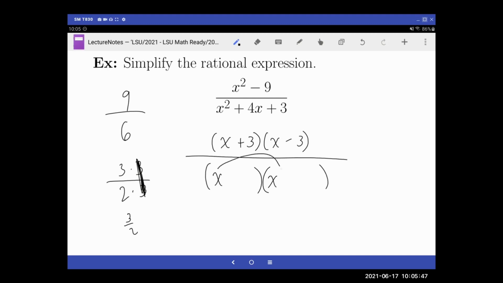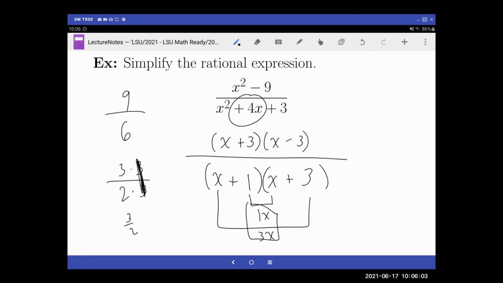So x and x because x squared. 1 and 3 because 1 times 3 has to be 3. And if I add those together, 1x and 3x, those add together to be 4x. So that actually worked out pretty easy. There were not a lot of options there. Okay, so there we go.